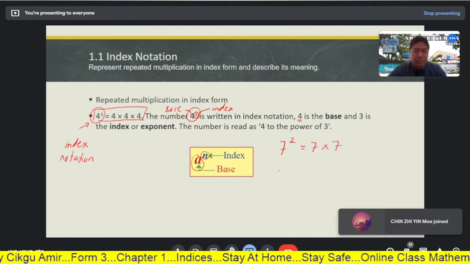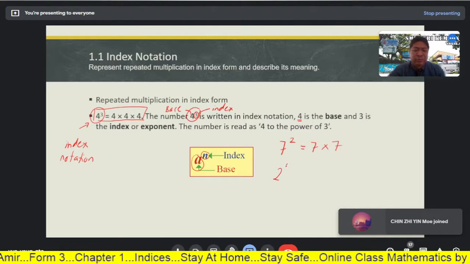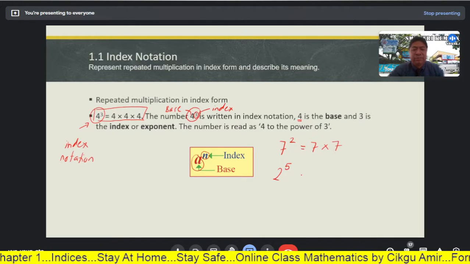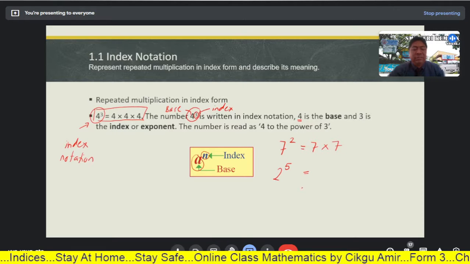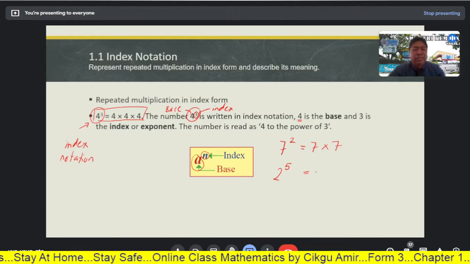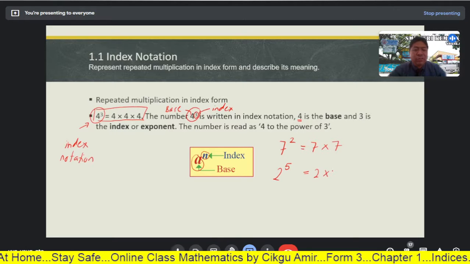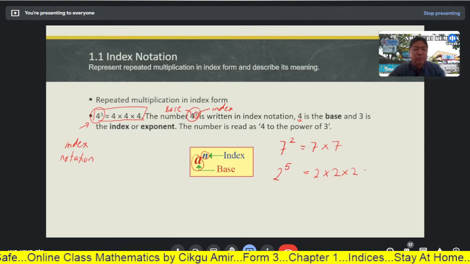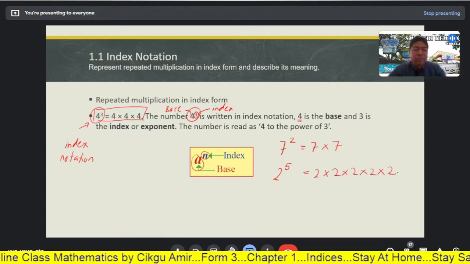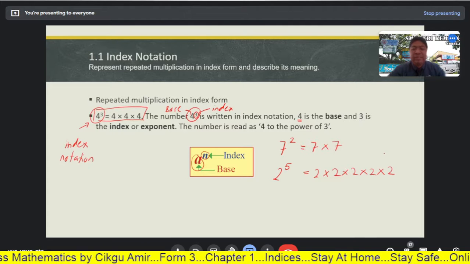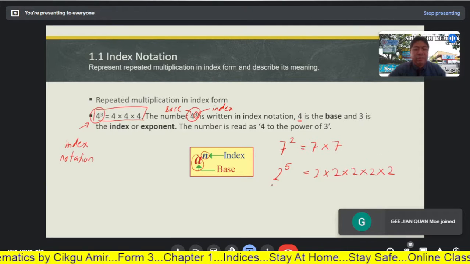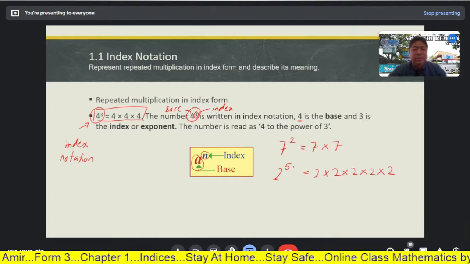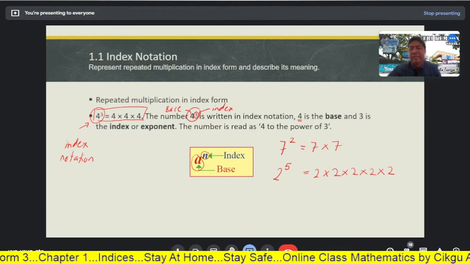Another example, 2 to the power of 5. This is actually a repeated multiplication of 2: 2 multiplied by 2, multiplied by 2, multiplied by 2, multiplied by 2, 5 times. 2 is the base, and 5 here is called the index.